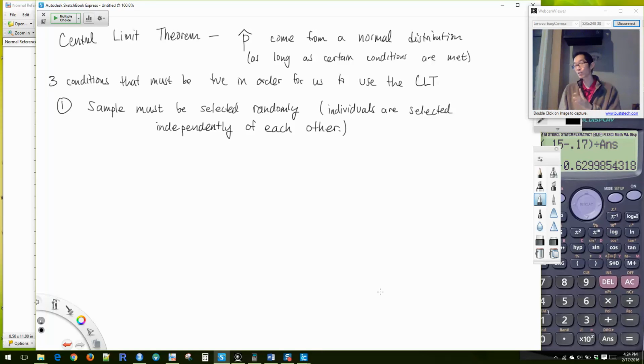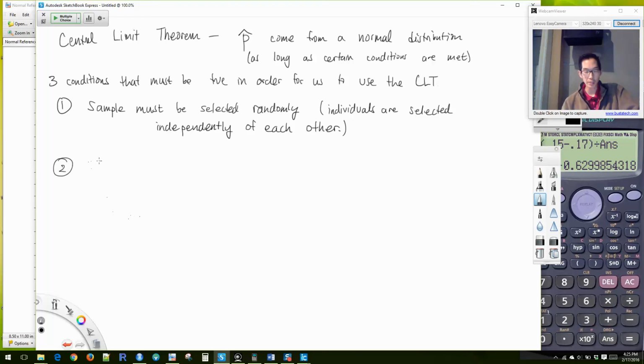If this person is selected and his or her spouse now has a higher or lower chance of being selected, that would not be independent. Usually, if the problem says the sample is selected randomly, that implies it was also selected independently.